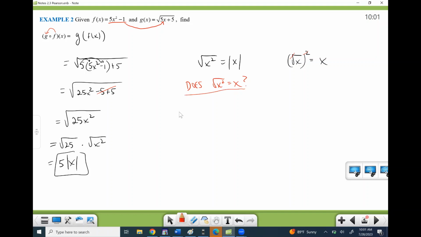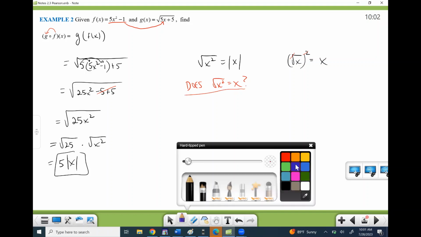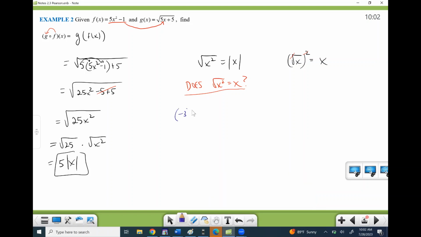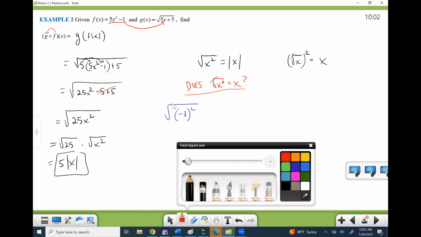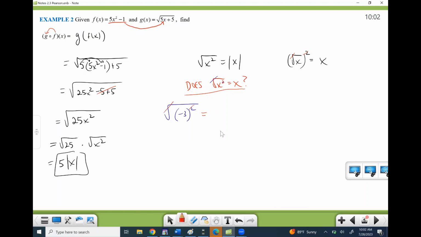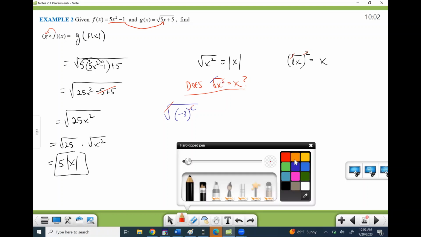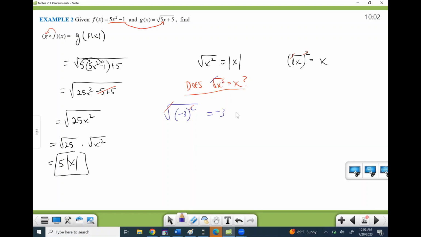Well, a good example would be, let's substitute in negative 3. All right, so according to this red part, right? This red part's saying, oh, you could just cancel these guys and it'll just be x. Well, if we just canceled those guys, the answer that we would get would be -3, right? Well, this is wrong.